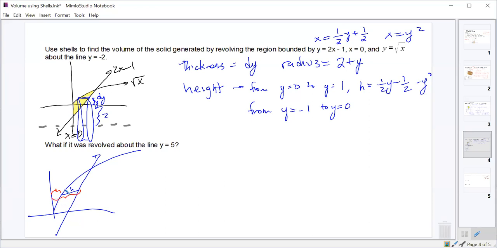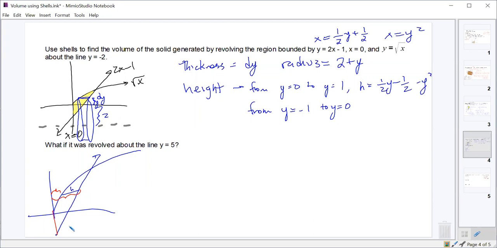And this x value is 1/2 y plus 1/2 from here. And this x value is y squared from the square root function. Any questions on that? Or everybody good there? Okay.